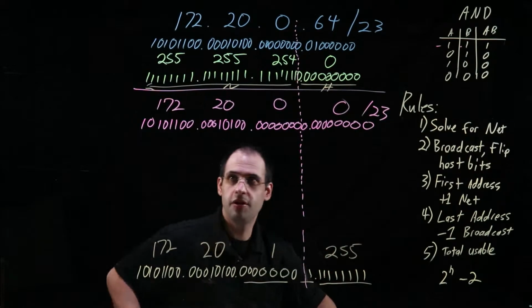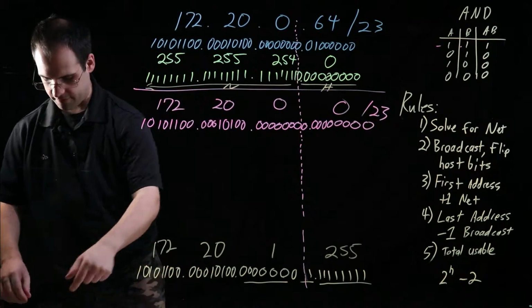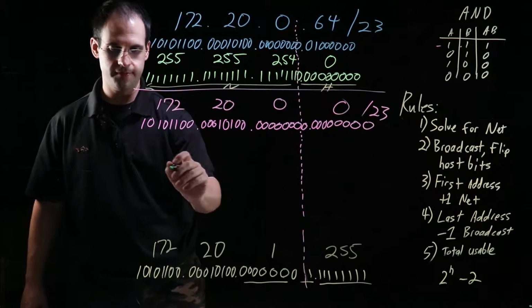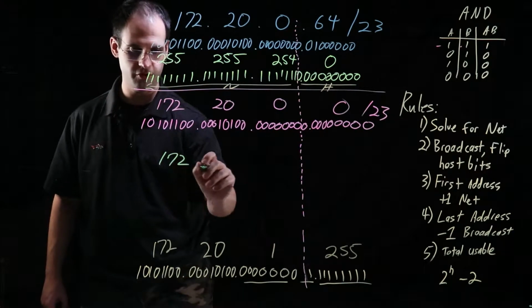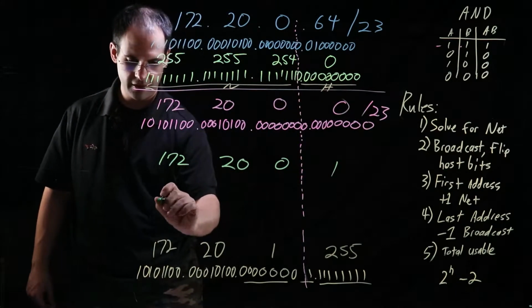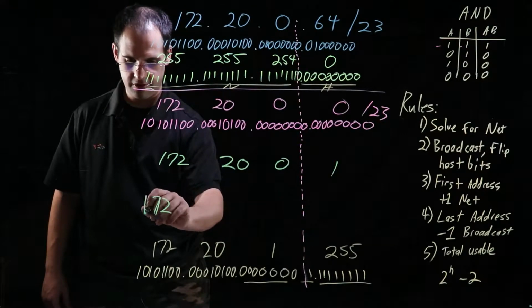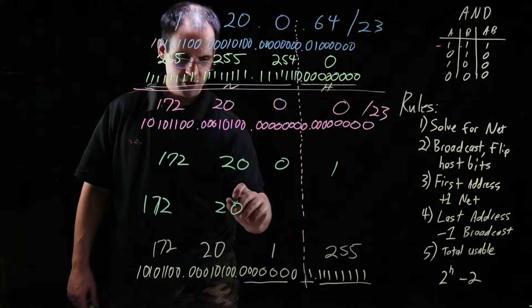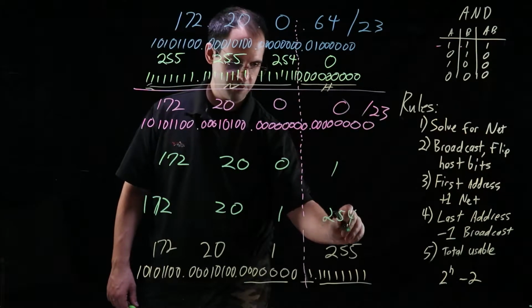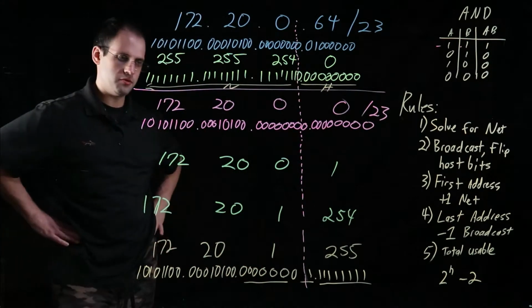So my broadcast address here is 172.20.1.255, giving my first address 172.20.0.1, and my last 172.20.1.254. Okay? So that's my entire range.